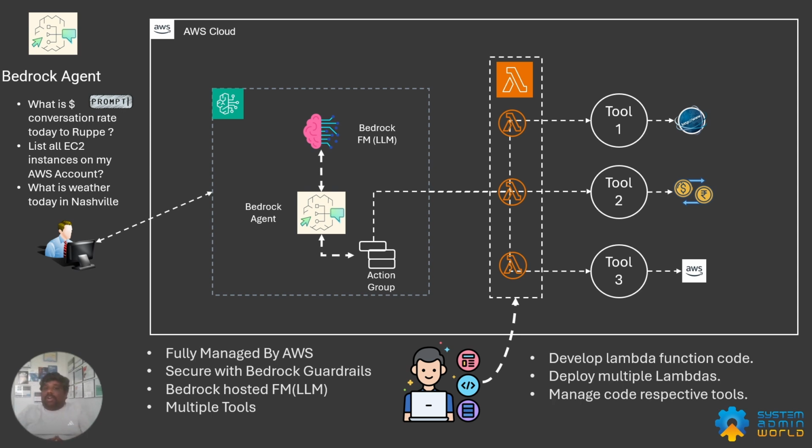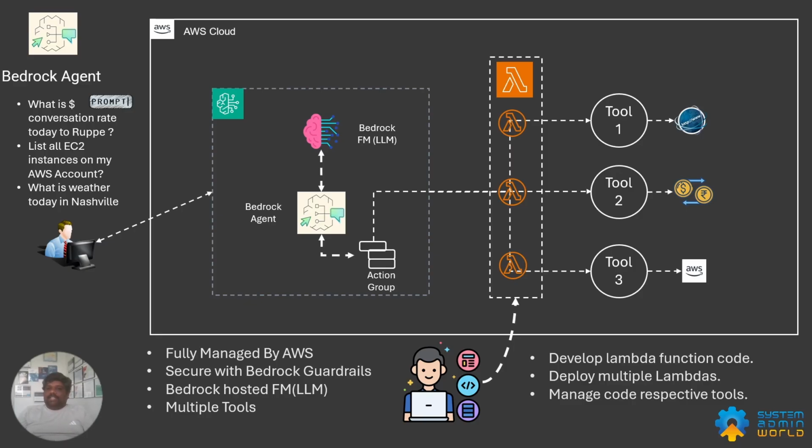The foundation model, whether it's Anthropic Claude, Amazon Titan, or other models, interprets the query, understands the intent, and determines which tool or action is needed. This is where the orchestrator magic begins.